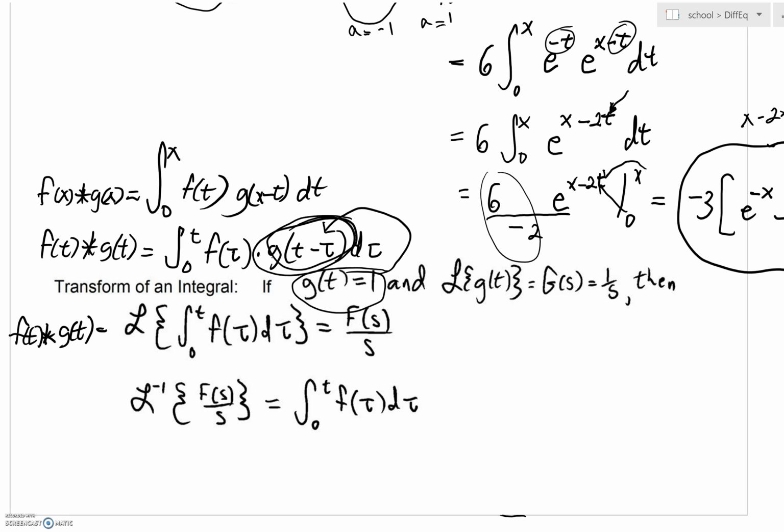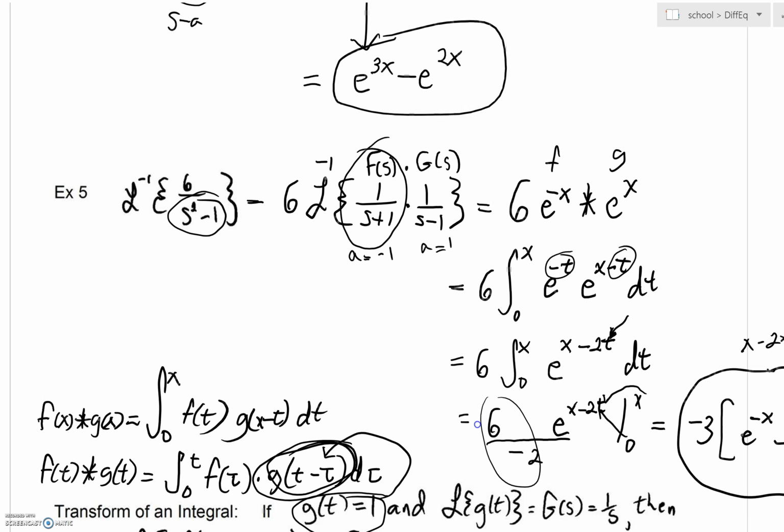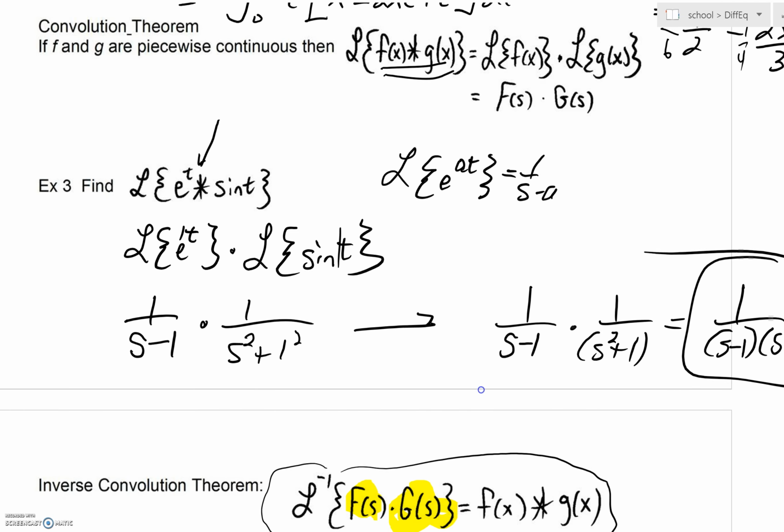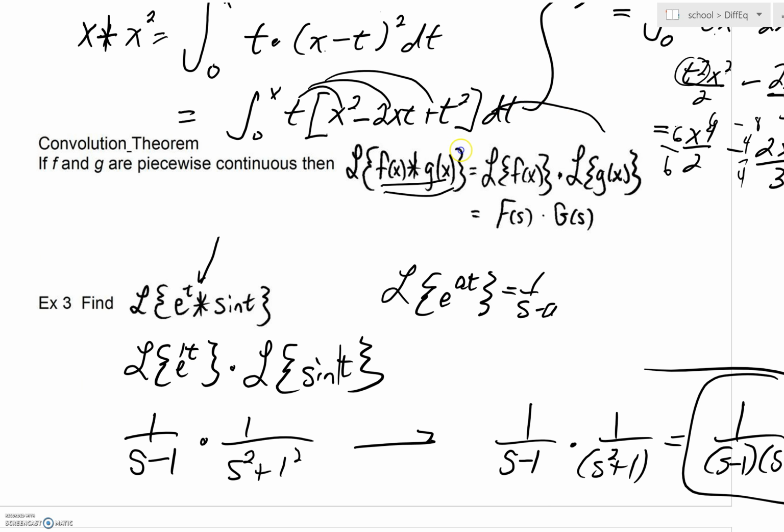So if that's the case, if you ever saw a Laplace transform of this integral from 0 to t of f of tau d tau, what was it? Well, you can definitely see from what we saw earlier that we would apply our Laplace transforms.